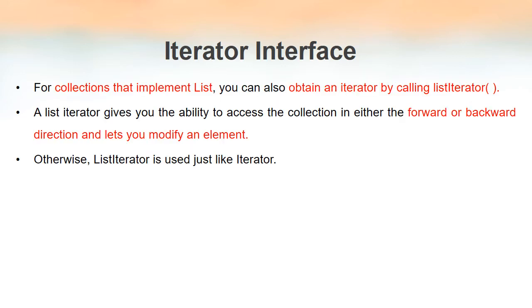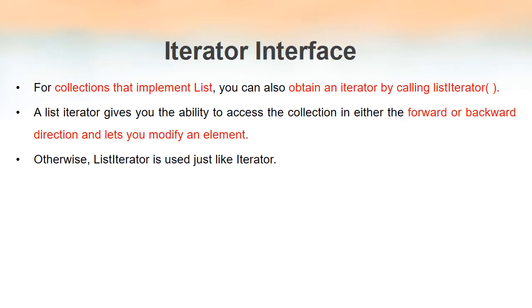For those collections which implement the List interface, we know that List is also an interface in the collection framework. Those collections can obtain an iterator by using the listIterator method also.